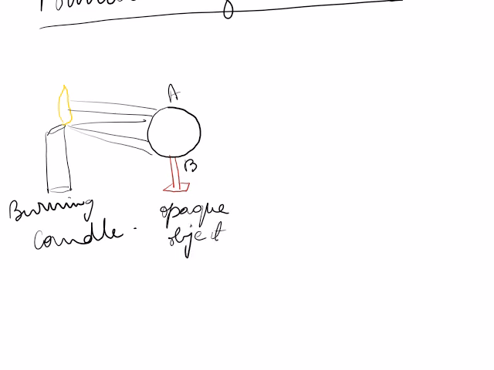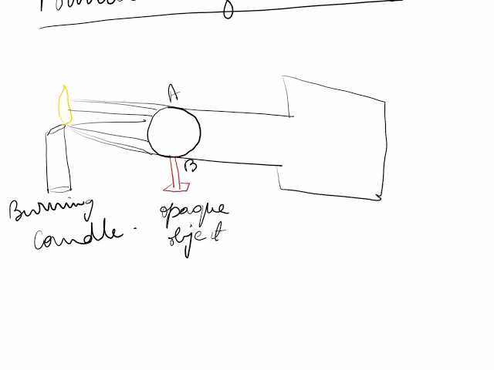So the light rays are stopped by this object. Only the light rays which are passing above and below the object are coming and striking the wall, a screen that is kept here.